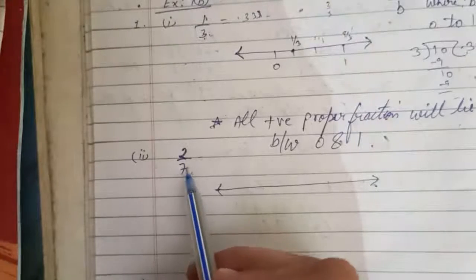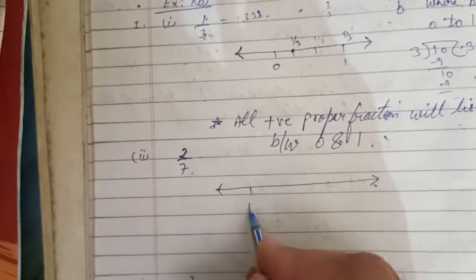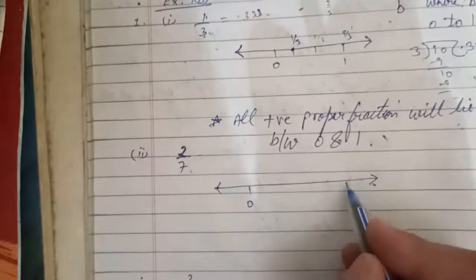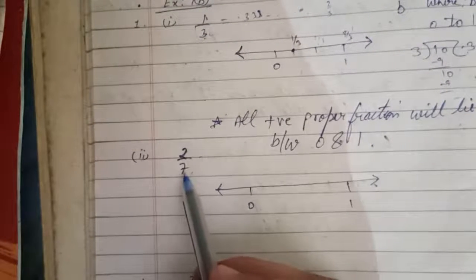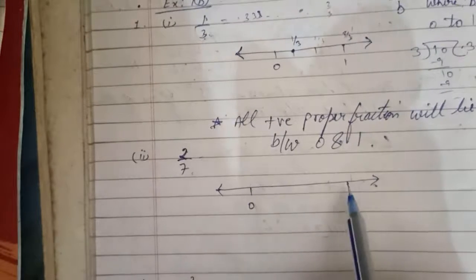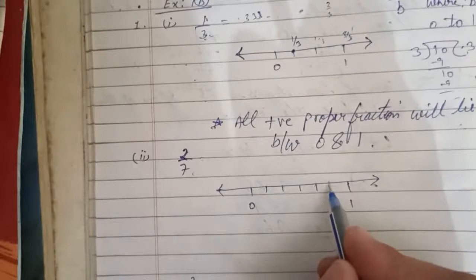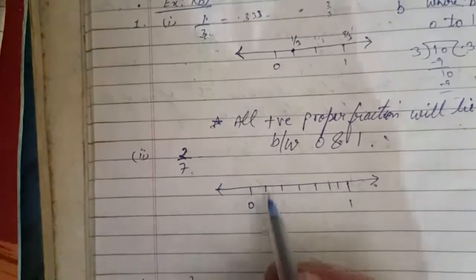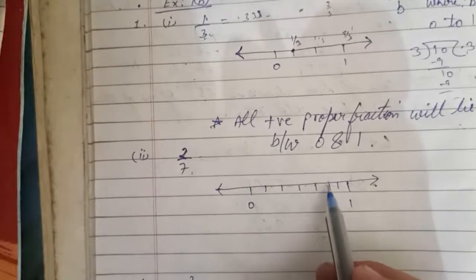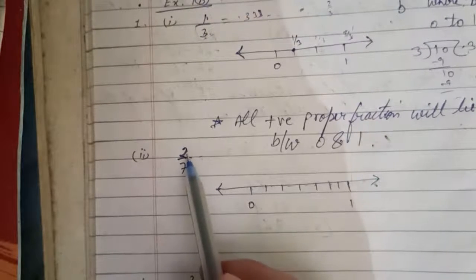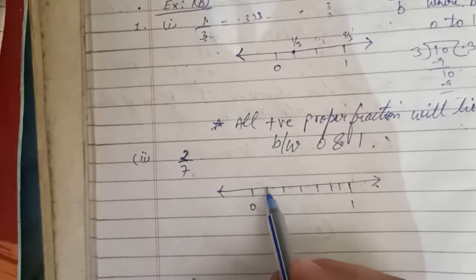Clear? So this is again proper, so its value will lie between 0 and 1. First of all, let us mark 0 and 1 here. Now this 7 shows you have to break 0 to 1 into 7 parts: 1, 2, 3, 4, 5, 6, 7. They are asking about the second part, so start from here.